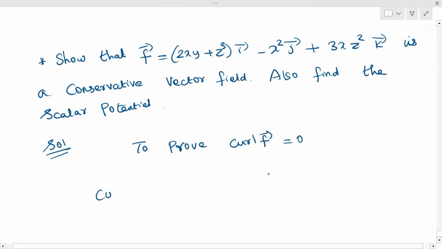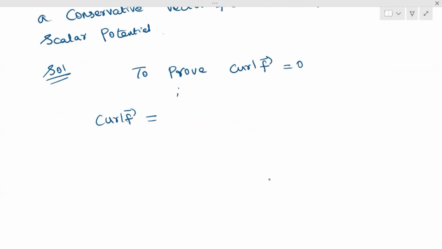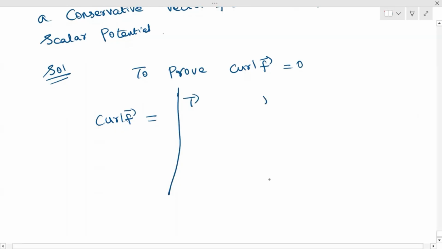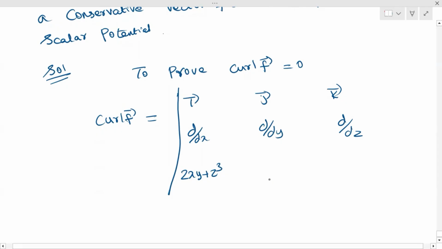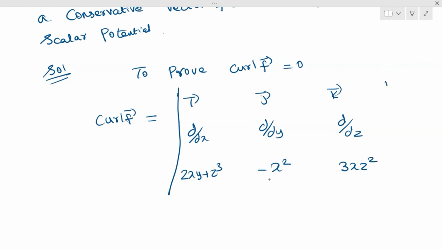So curl F, how to find? Here it is nothing but the determinant whose first row is i j k and the second row is dou by dou x, dou by dou y, dou by dou z, and third row is 2xy plus z cube, minus x square, 3x z square.